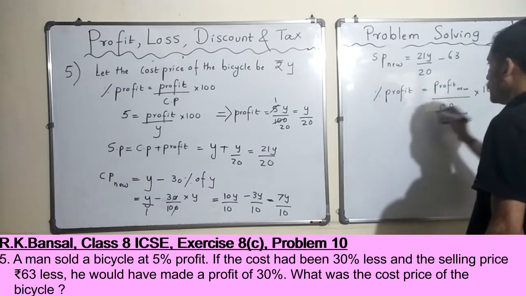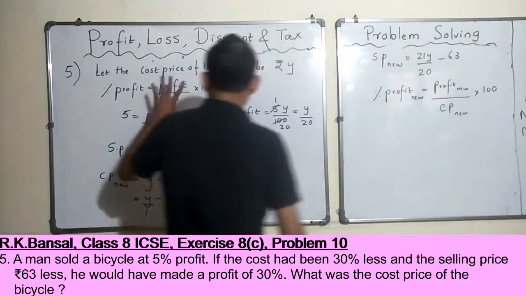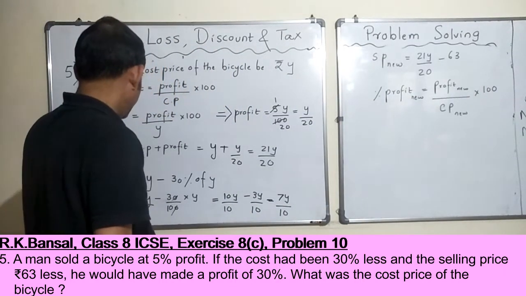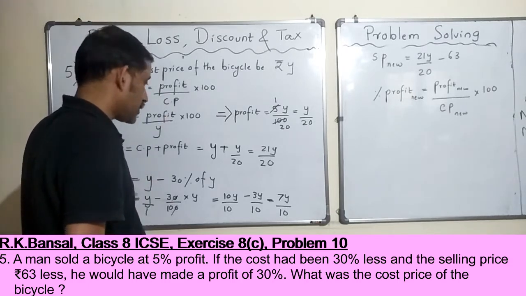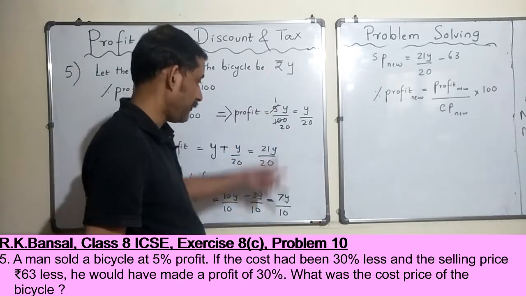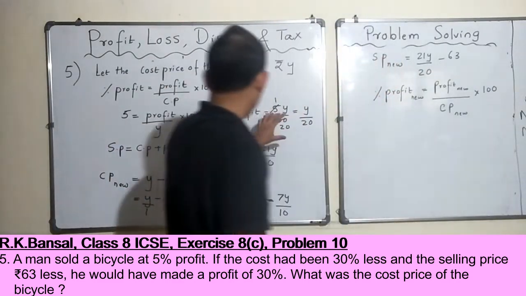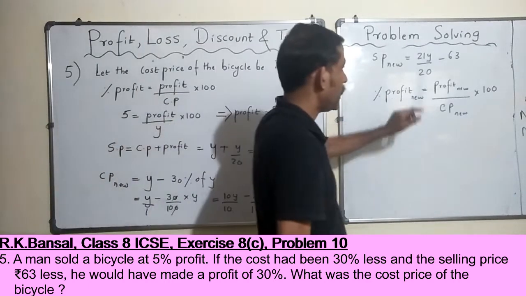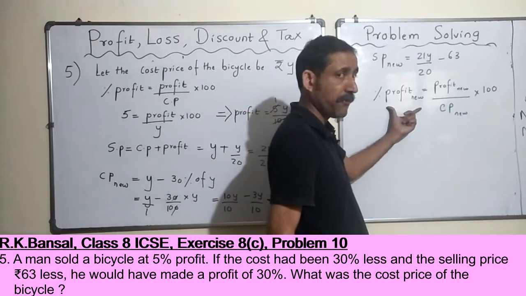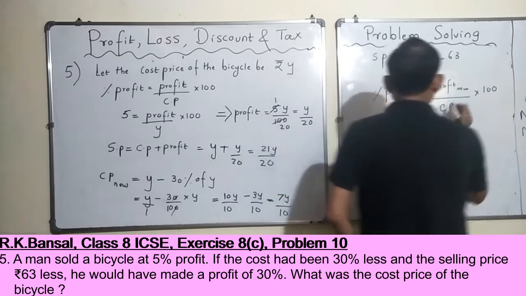So if instead of y your cost price was 30% less, and your selling price was 63 rupees less than your old selling price, you would have made a profit of 30%, right? So I'll just write 30 here.